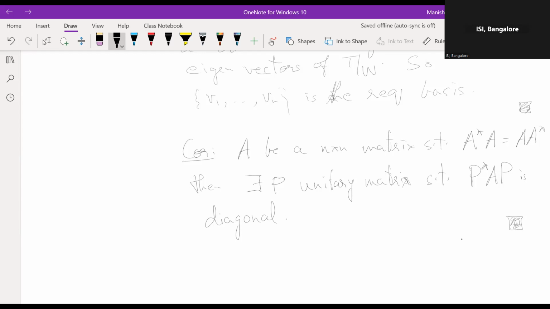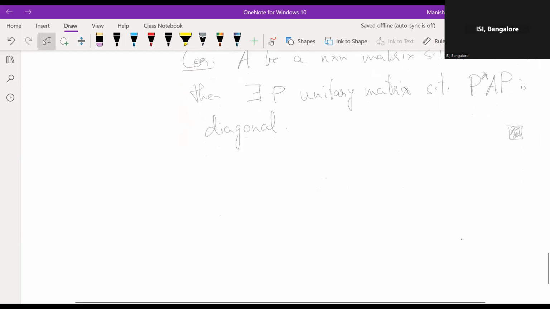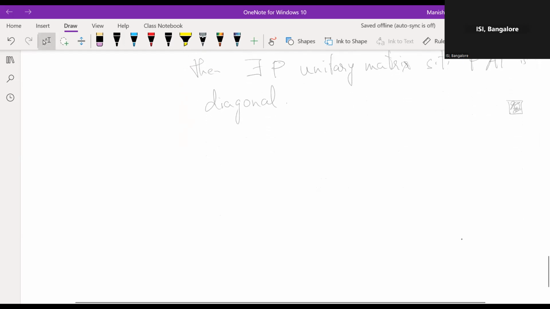This is for finite dimensional vector spaces. There is a spectral theorem for Hilbert spaces or more generally infinite dimensional spaces, which you'll see maybe in your functional analysis course. So some of the results: there is an operator, then you define its adjoint and normal operator and so on.